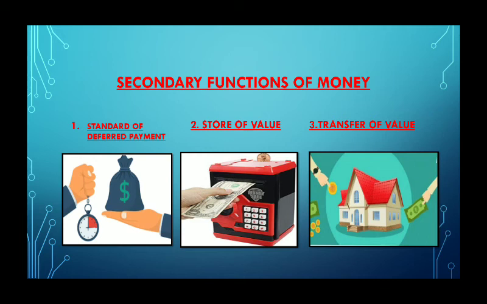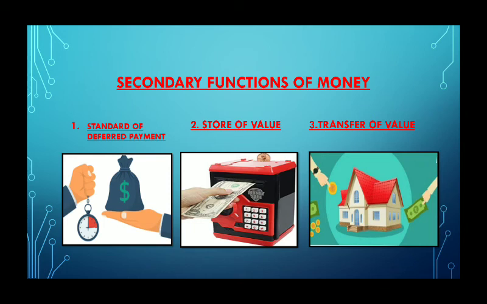Next is store of value. If a farmer wants to store for the future, he cannot store rice for 15 years. What he can do is sell the rice in the market, exchange it for money, and keep the money aside for 15 years. So money serves as a store of value.